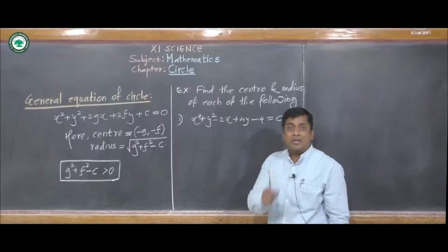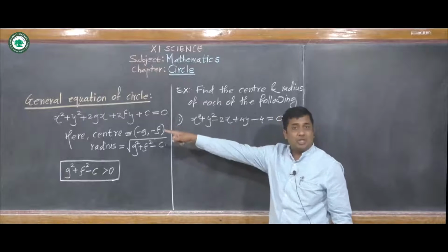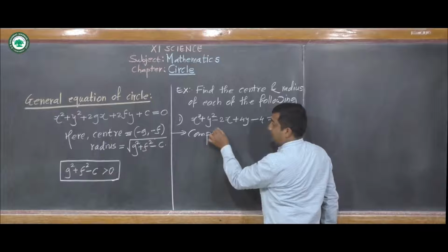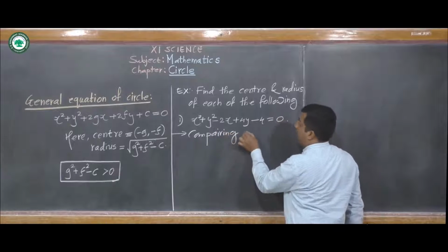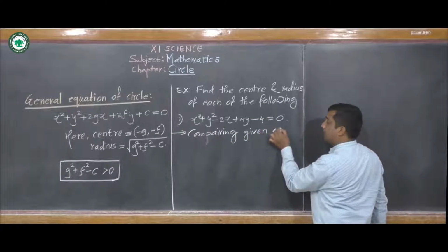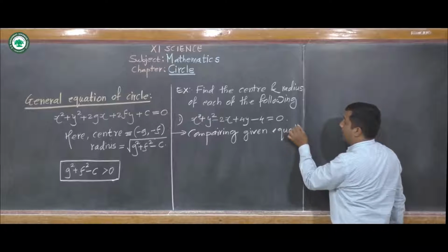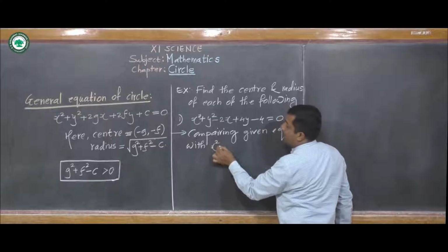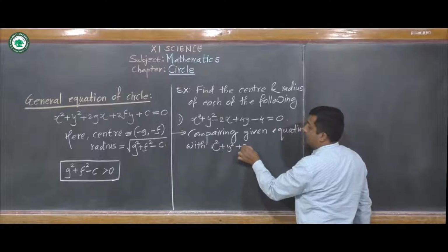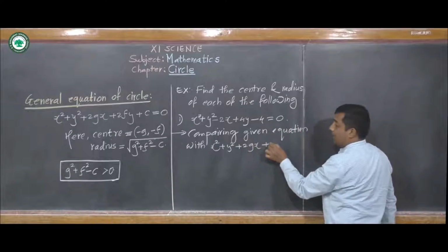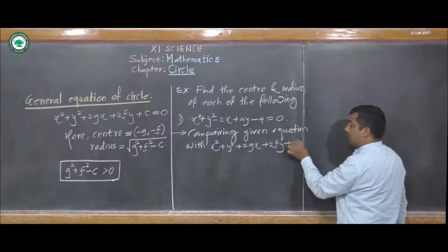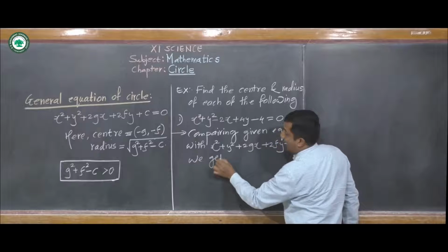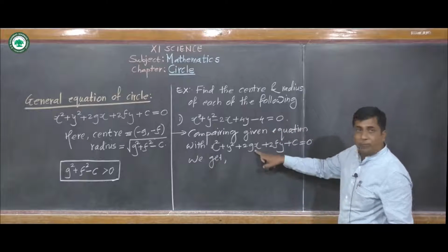So we compare this given equation with our general equation. Comparing, we get 2g first.